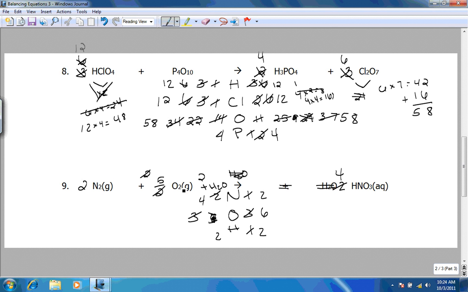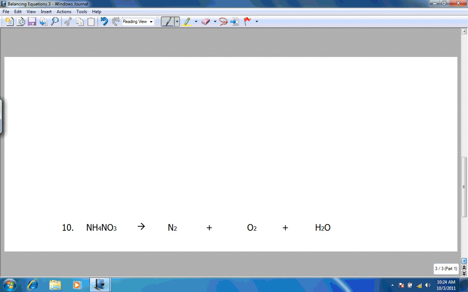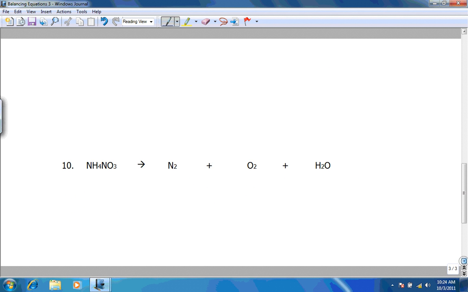So that gives me 10 here and 2 more is 12 and 4 hydrogens. Over here we have 4 nitrogens, 12 oxygens, and 4 hydrogens. Alright, we have one more on this worksheet. That's number 10.